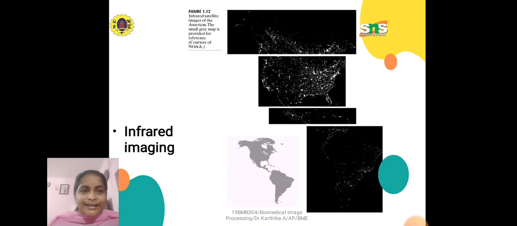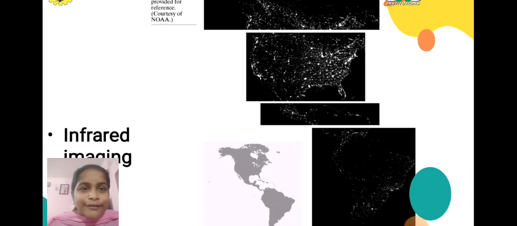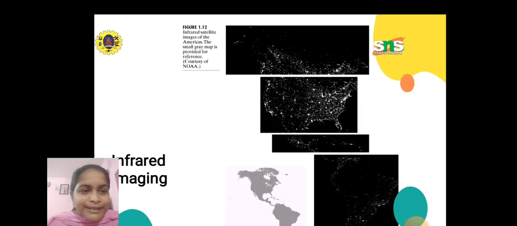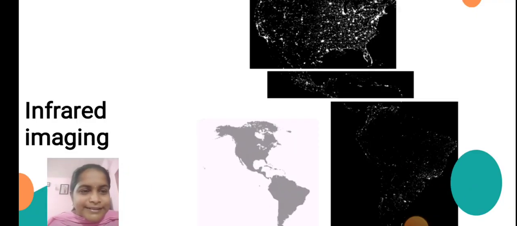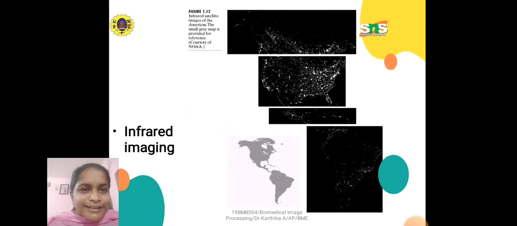In this example, the infrared satellite images of the Americas, the small grey map is provided for reference. These are all examples of infrared satellite images.